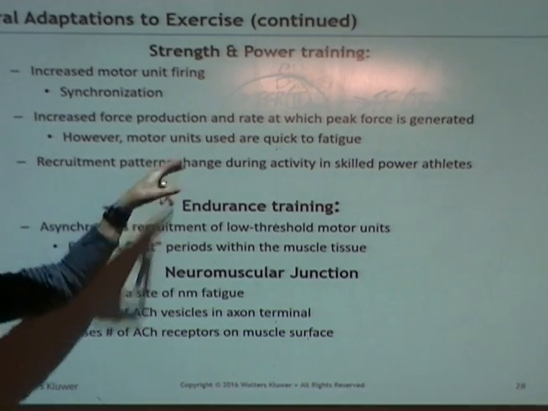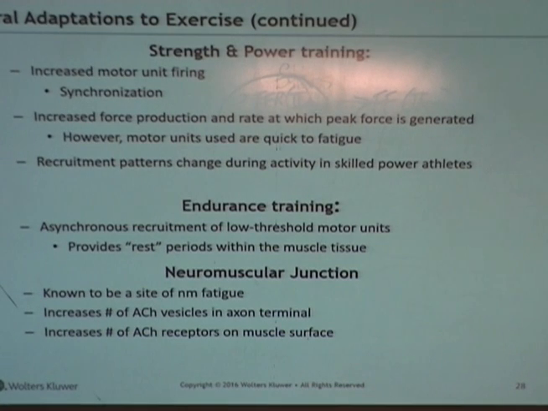But we usually do that by turning on type 2s, and then they fatigue really quickly. And so we've still got to train those fibers to get them stronger, right? We need them bigger, we need more glycogen available to them, right?